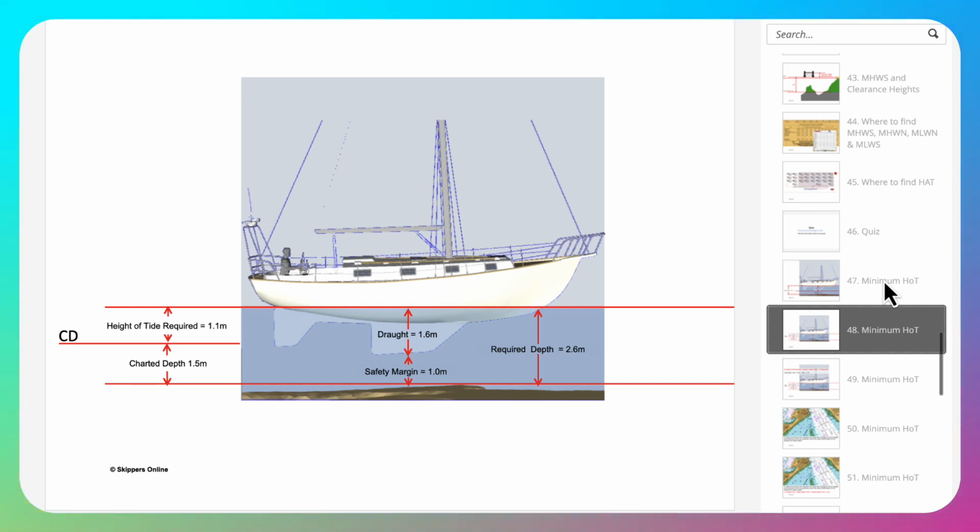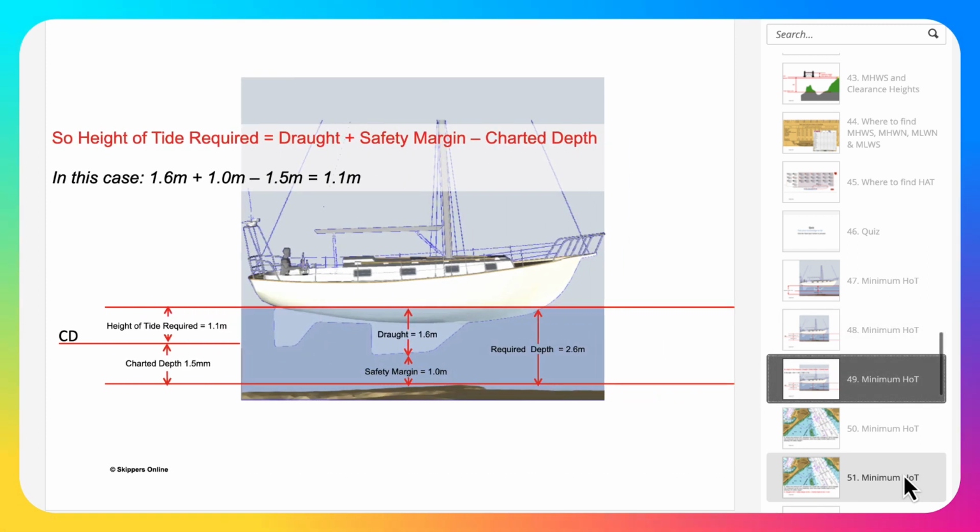So imagine, in this case, that charted depth were 1.5 meters, which means that the height of tide required equals 1.1 meters. So, the height of tide required equals draft plus safety margin minus charted depth. In this case, 1.6 meters plus 1 meter minus 1.5 meters equals 1.1 meters.